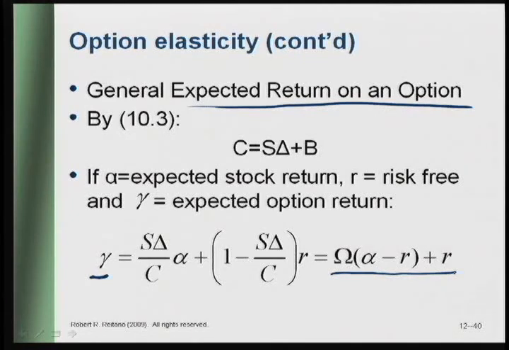It says that the expected return on the option is omega times alpha minus R, the so-called stock risk premium. If you take the return on a risky security and subtract the risk-free rate, that's called the risk premium. So what it's saying is that the expected return you get on the option is the elasticity measure times the risk premium plus the risk-free rate.